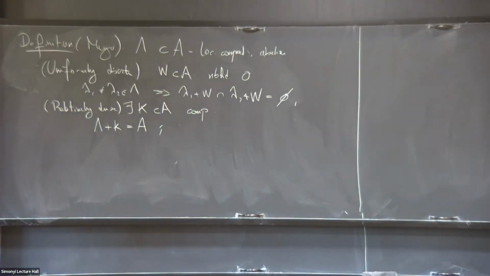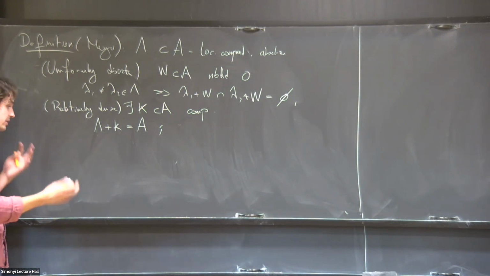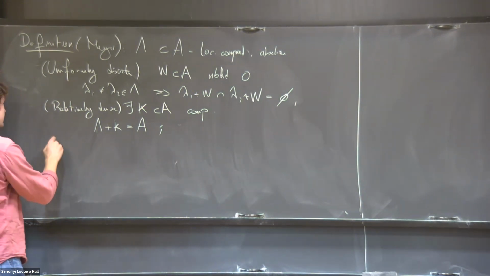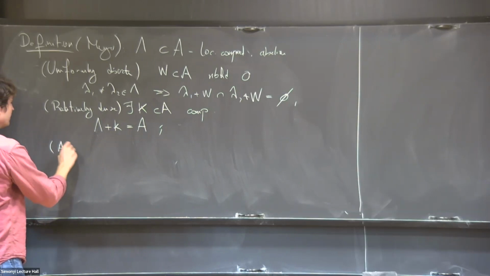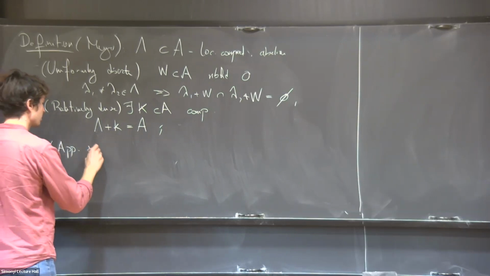And the last property, because if you just have these two properties, it's actually quite, I mean, you could have almost anything. It's really wide. Well, you're going to ask for some sort of additive combinatorial property, and that's the following. So you're going to ask that it's an approximate subgroup.